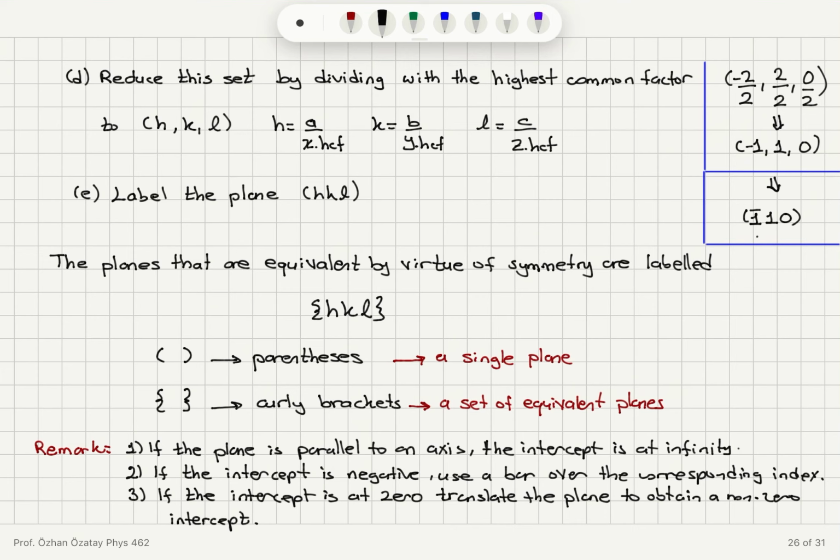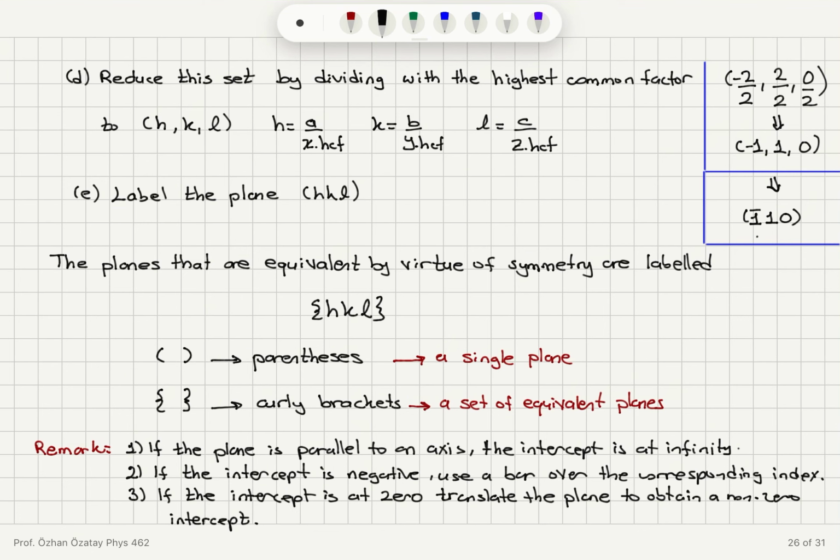If we have a negative intercept, we use a bar. If we have an infinite intercept, that means it is parallel to the axis, and we have a 0 Miller index. If the intercept is at 0, on the other hand, we translate the plane to a non-zero intercept.